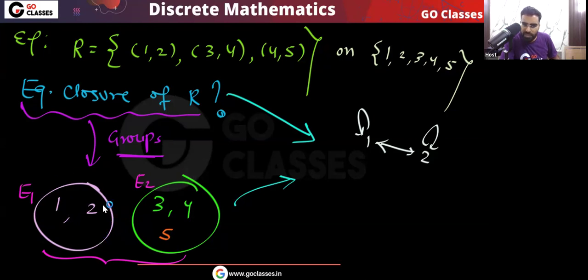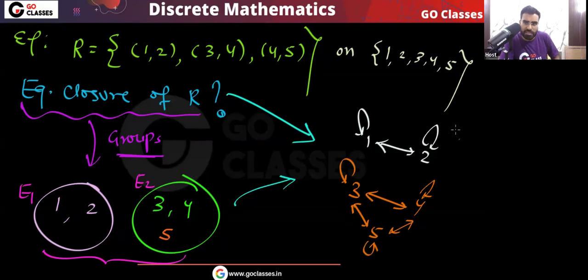So remember, every element within an equivalence class is related to every element. Okay, so you can see 3, 4, 5, that also will be like this. Okay, that's it. This is your final answer. I hope you understood. This is the final answer.